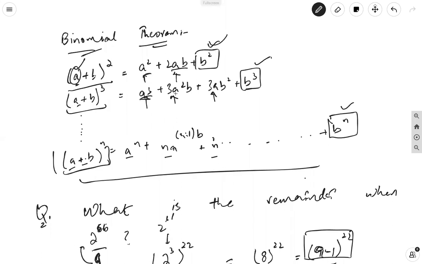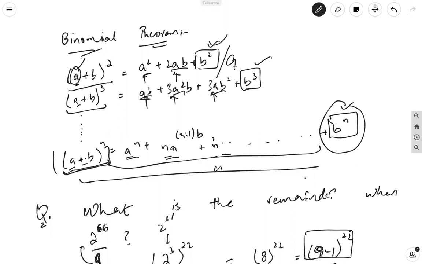So if you divide this by a, all of these have remainder 0 except the last value. Likewise, the remainder for this is 0 except the last value.